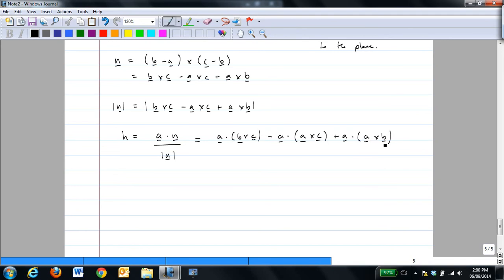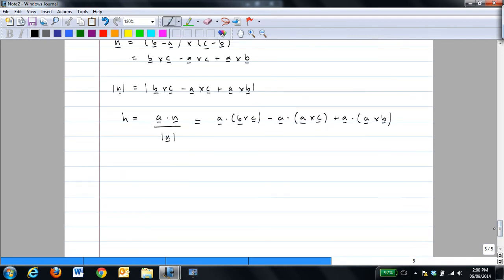So immediately we can get rid of two terms here, which is all divided by the magnitude of n, and I'll write that out after. When we take the dot product, we know we'll have a vector that is completely orthogonal to a and c. Therefore, when we take the dot product of a with it, we'll automatically get 0.